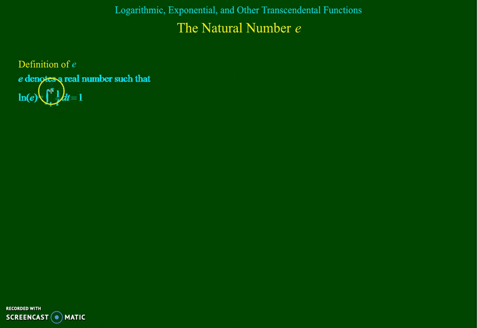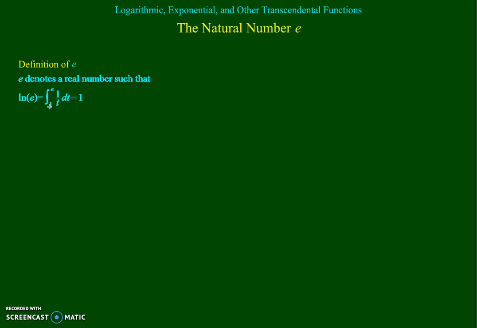And here we're just replacing the x with the natural number e. So that's the fundamental definition of the natural number. If you were to press this into your calculator, you would end up with 2.7182818, and so on and so forth. So that's just a basic definition of natural number.